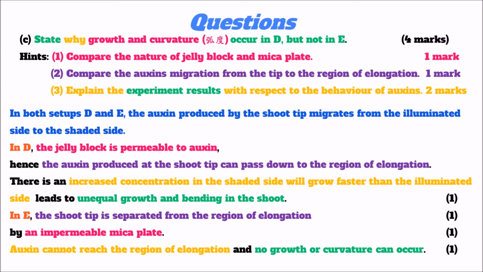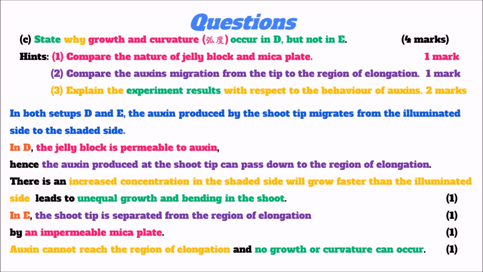So you can see that because the question is asking about setup D and E at the same time, that's why you cannot only talk about one setup. No matter whether you only talk about setup D or only talk about setup E, that's not complete. So when you do the comparison between these two setups, for example, the jelly block and the Milker plate, you need to compare them at the same time.